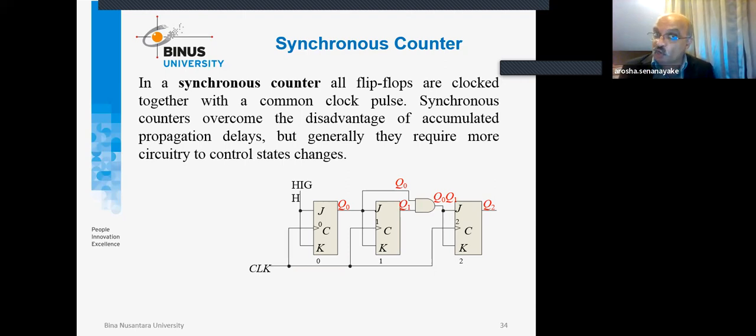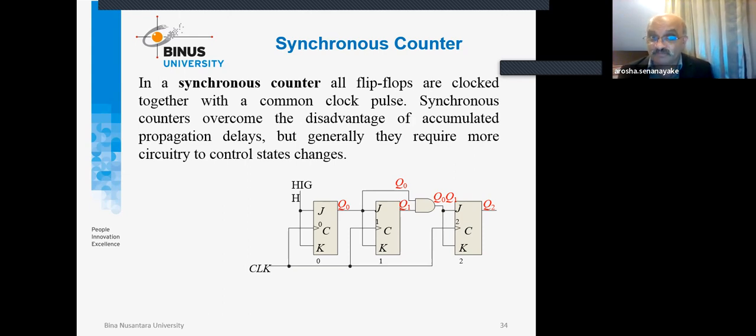So it is not like the asynchronous counter. In an asynchronous counter, we looked at the pattern of bit changes from one to the other. But in this case, we must make sure that the counter counts properly, meaning it starts from 0, because the clock pulse will be getting to all three simultaneously.